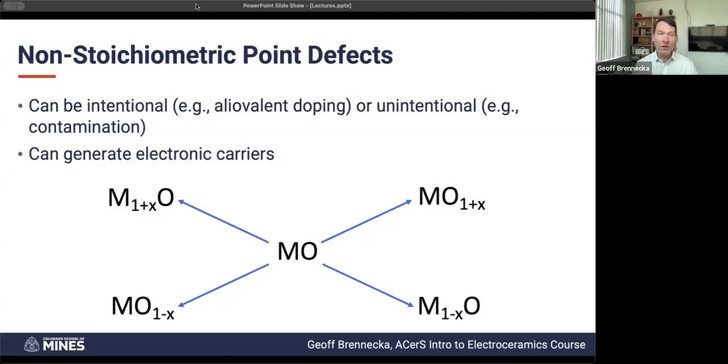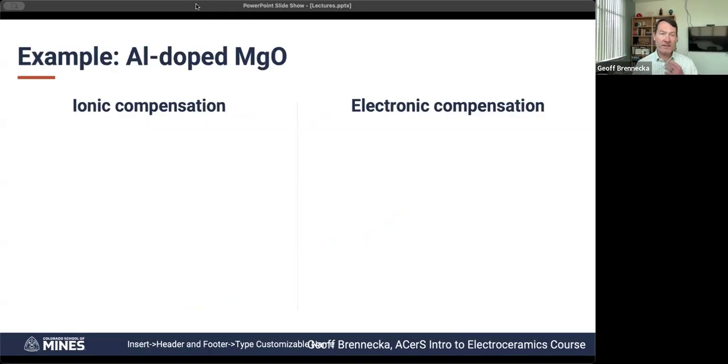So we'll jump into these point defects. I'm just going to use an example of aluminum-doped magnesia. Nobody's ever going to want to do this, but it's just a simple example to show you the concepts. So we're going to stick aluminum into magnesium oxide. That doesn't mean we're introducing aluminum metal.